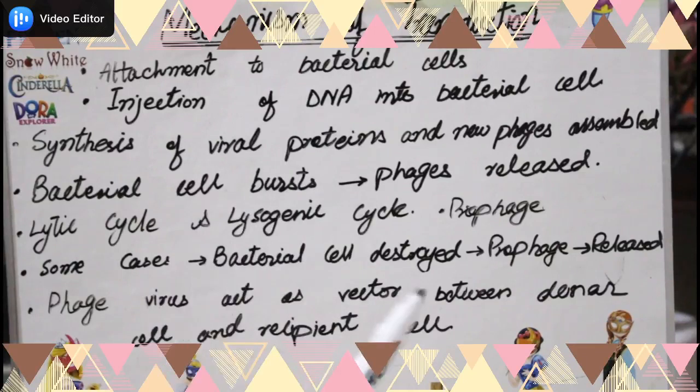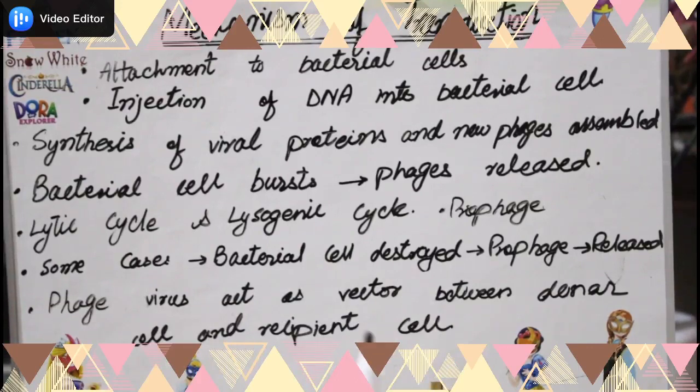And what happens in the lysogenic cycle? In the lysogenic cycle, the phage DNA gets integrated into the bacterial DNA, and it replicates alongside the bacterial chromosome.